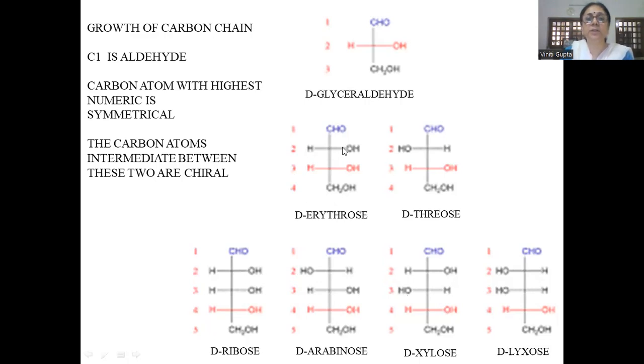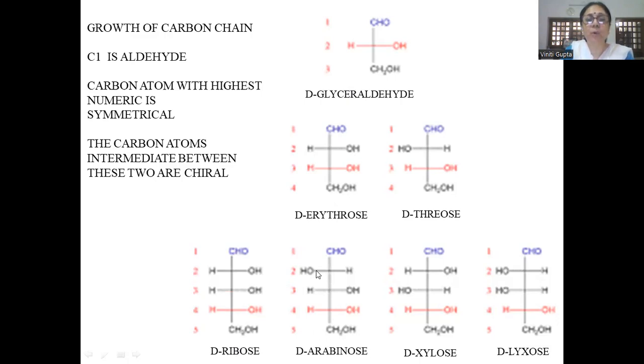Again, the same logic: it is a single bond, free rotation around a single bond, and if the OH gets fixed to the right, in case of a pentose, it will be ribose, derived from D-erythrose.